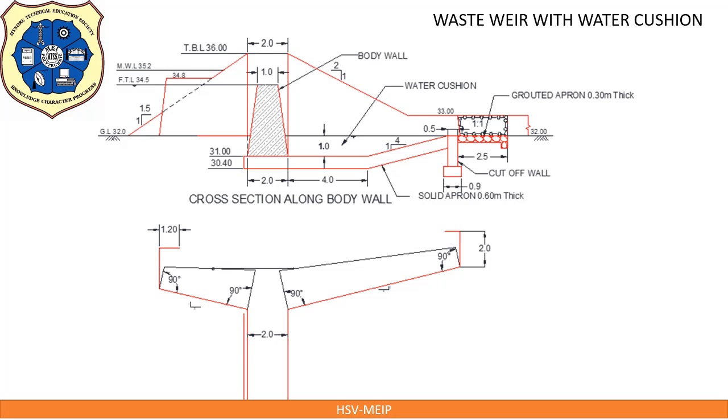Similarly extend abutment on upstream side which will meet at this point. Then extend return wall lines on both sides, upstream as well as downstream, which meet the inclined line at these points.